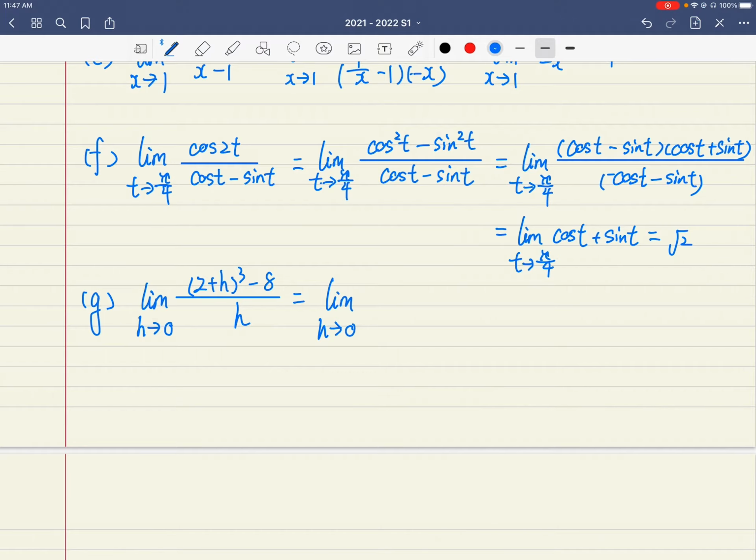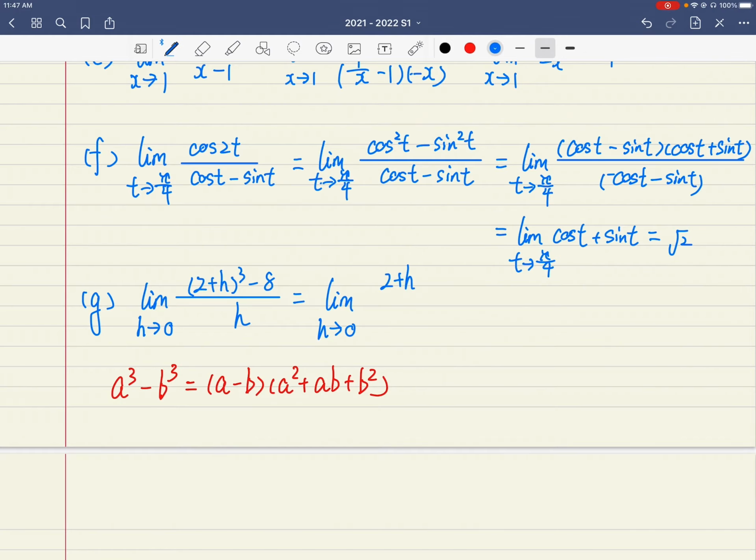Here the top is actually a cubed minus b cubed. Here, it's 8, so it's 2 cubed. A cubed minus b cubed is a minus b times a squared plus ab plus b squared. So you can do that.